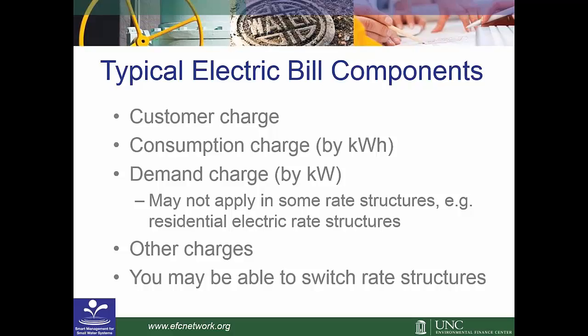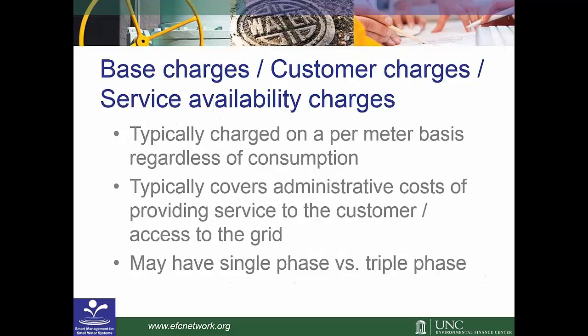When utilities offer multiple electric rate structures, there typically are requirements like a minimum or maximum number of kilowatts of power that you demand. Just what kind of entity are you? Some electric rate structures may only be available for certain kinds of entities, and so on. And we can talk more about that later.